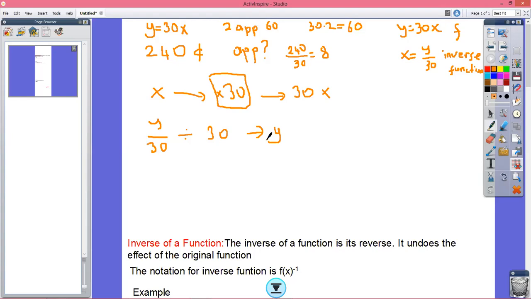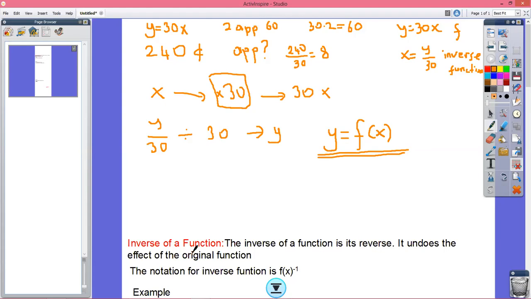Here we should keep in our mind y. When we write y, it has another notation, another way of writing. It's equal to f of x, function with respect to x. Now with this one, we say the inverse of a function is its reverse. It undoes the effect of the original function.